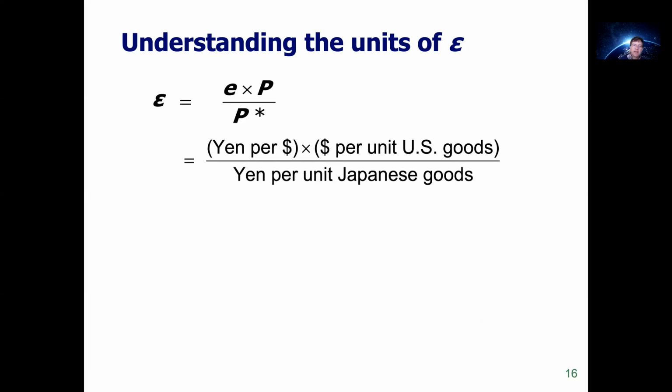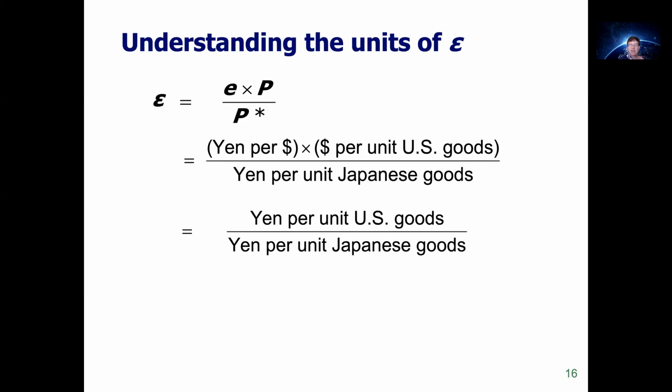So we take yen per dollar, that's this E. We take dollars per unit of US goods, that's the P. Then divide by yen per unit of Japanese goods, that's the P star. If you look carefully, the yen will cancel, the dollars will cancel, because yen per dollar means number of yen over number of dollars. And you're just going to get Japanese goods per US good.